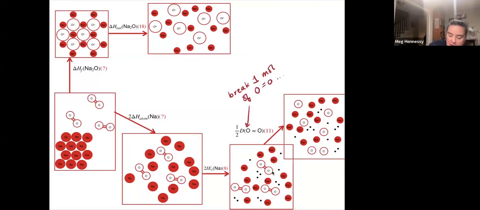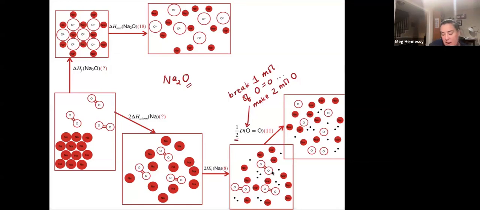That means they make 2 moles of O atoms. I only need 1 mole of O atoms because my formula here is Na2O. There's only 1 O. And so that's why I have this coefficient of a half. I don't need 2 moles of O atoms. I need 1 mole of O atoms. So I only need to make half a mole of O2s break apart. And consequently, I only need to pay half of the bond dissociation enthalpy.